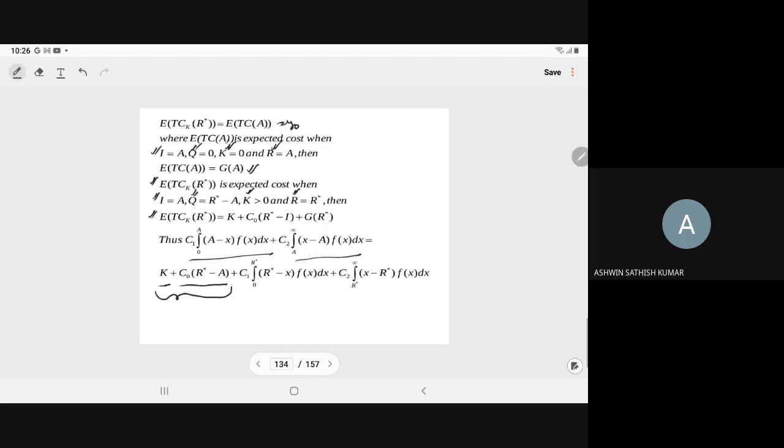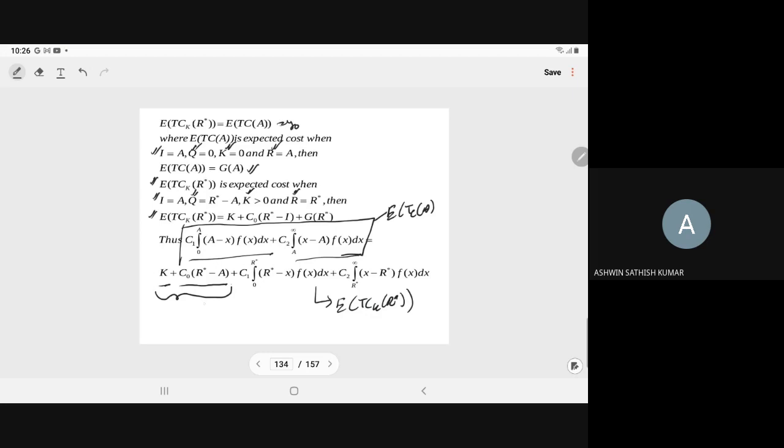So this is the left hand side. And the right hand side is ETCA, and it is equal to ETCK R star.